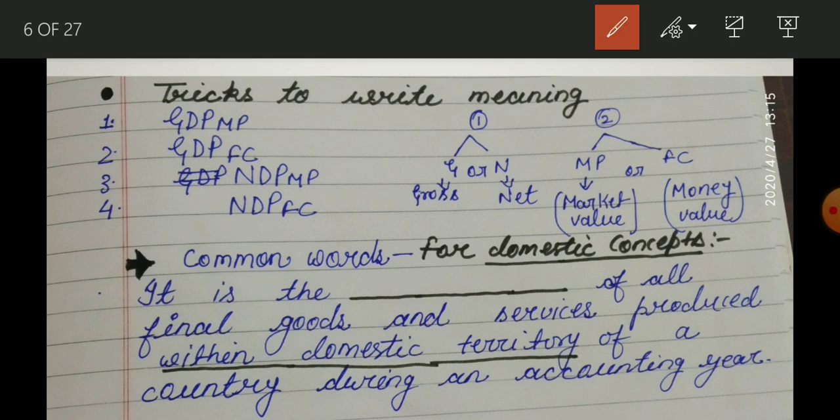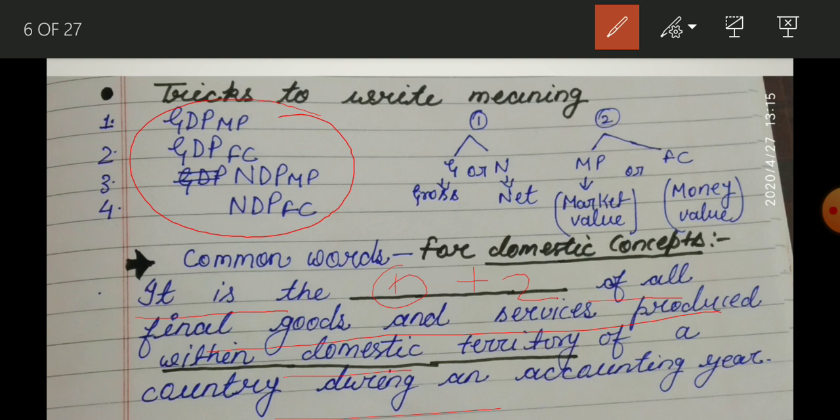I already told you the common line that we are going to use for all these four aggregates, these four domestic concepts. All the lines are going to be common in all four aggregates. It is of all final goods and services produced within the domestic territory of a country during an accounting year. We just have to write 1 plus 2.